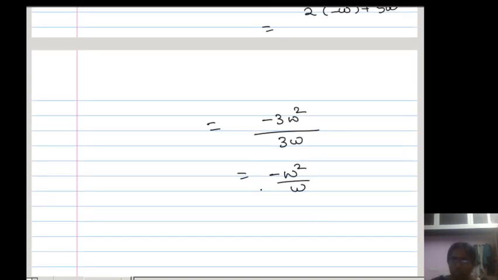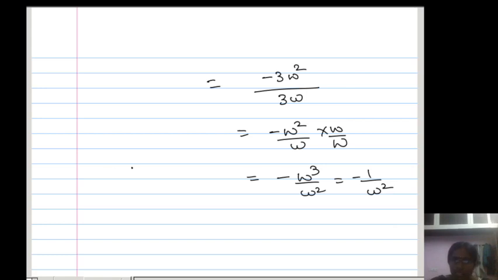What we have to prove for RHS is 1 by (1 plus omega). If you multiply and divide by omega, we get minus omega cube by omega square. Since omega cube is equal to 1, this is minus 1 by omega square. Next, what is omega power 2?